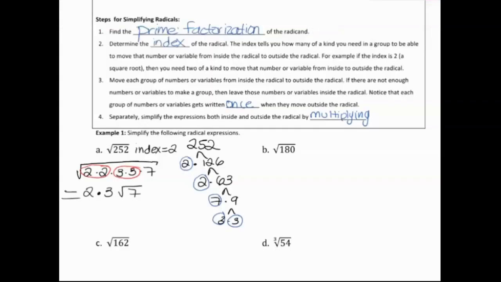Again, we only write it once when we take it out of the radical. And then my fourth step is to simplify the expressions inside and outside by multiplying. So here we're going to multiply 2 times 3, which is 6. The 7 is by itself, so that stays inside.